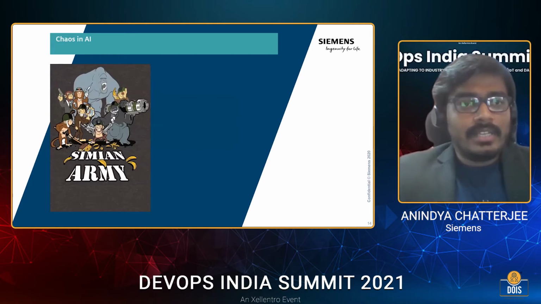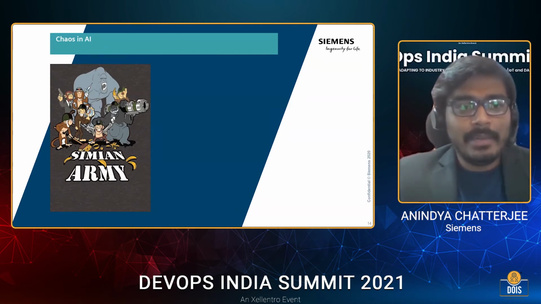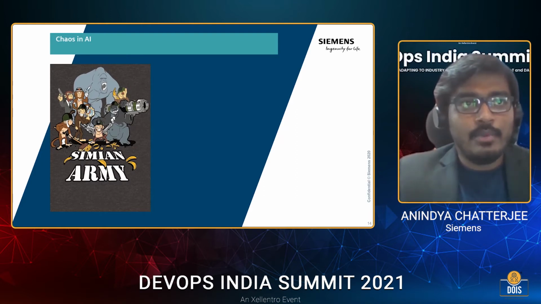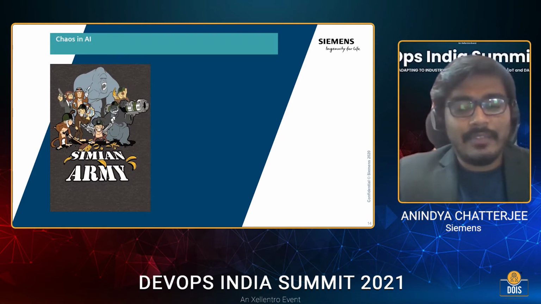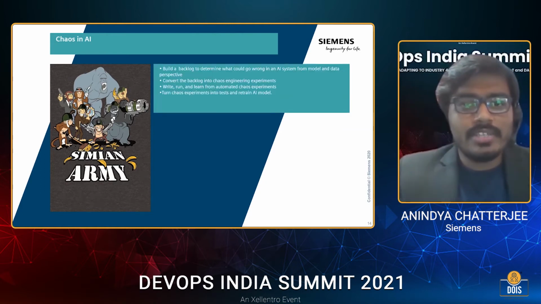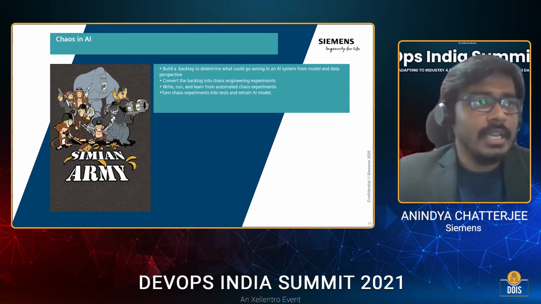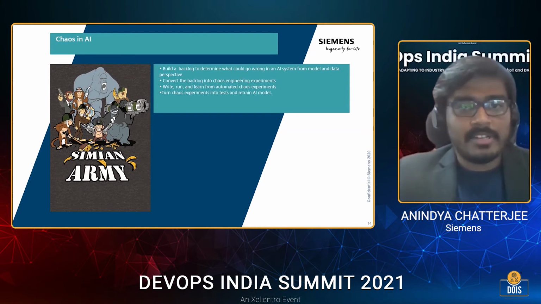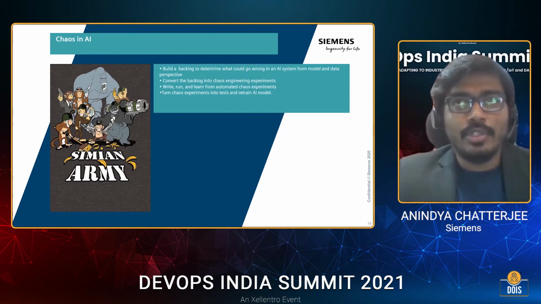Now let's try to understand how, when we are building an AI system, or a deep learning or vision-based system, we keep chaos attacks in mind, and how we can build a backlog and plan for adversarial attacks. The best way is to brainstorm and determine what could go wrong in an AI system from both the model and data perspective, because that will clear up both your aleatoric and epistemic uncertainty.